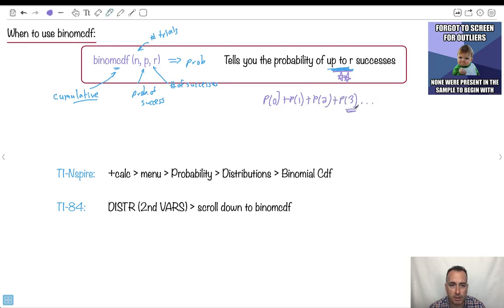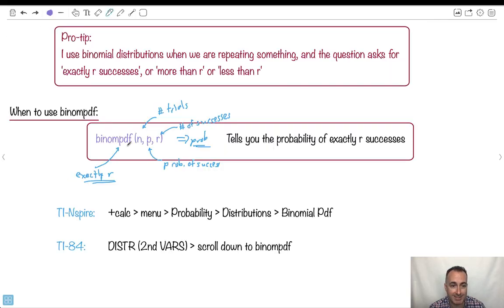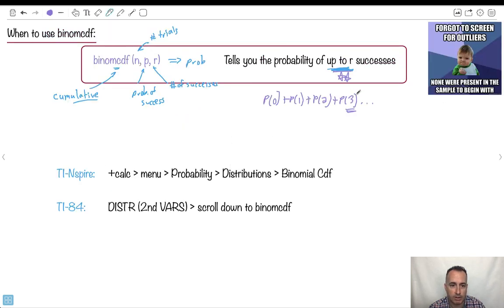So if I said binom CDF of 3 successes, that would mean give me the probability of 0 successes plus the probability of 1 plus 2 plus 3, and stop at 3. So really that's the difference between these two. One is if you want exactly the number of successes, I want exactly r. The other one is up to and including r.